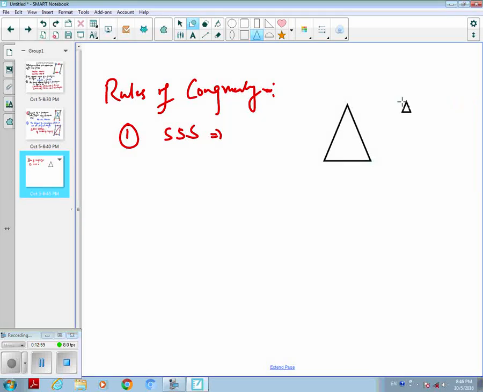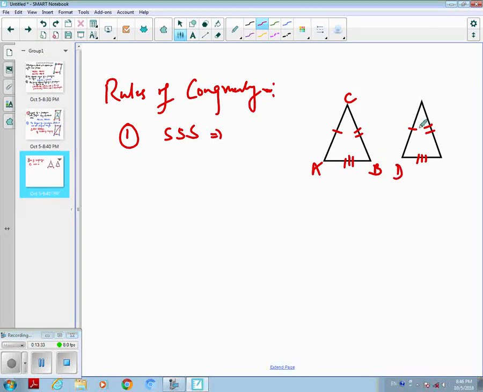let this be first and this be second, then in both these triangles, if this side of this triangle, this side of the second triangle, then the third side of the second triangle, all these are equal, like A, B, C, D, E, F. So in this AC is equal to DF, AB is equal to DE, and BC is equal to EF.